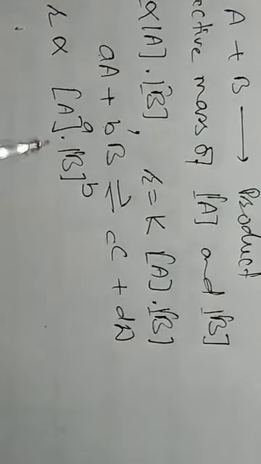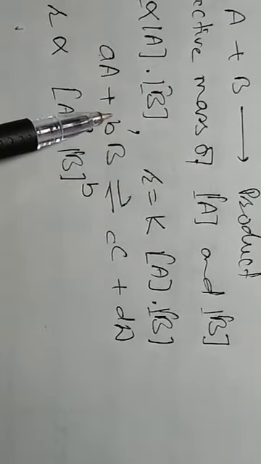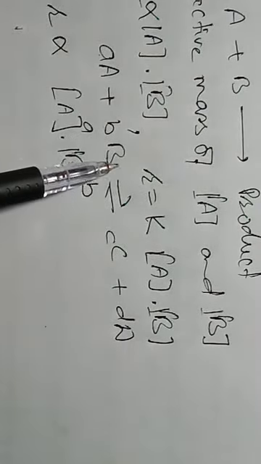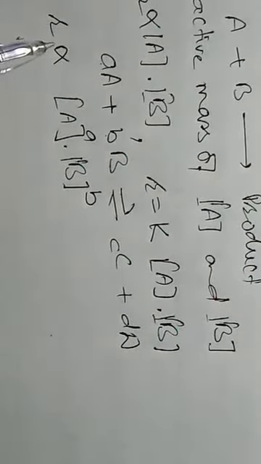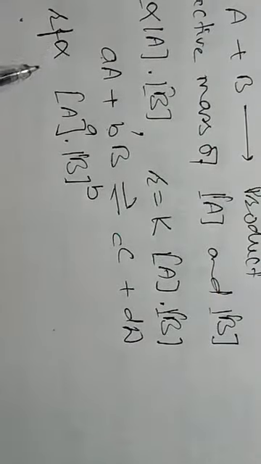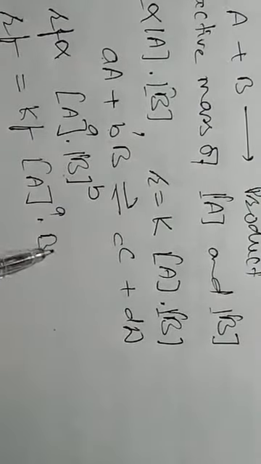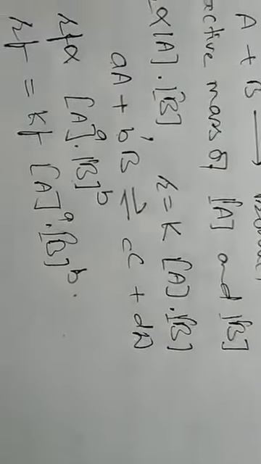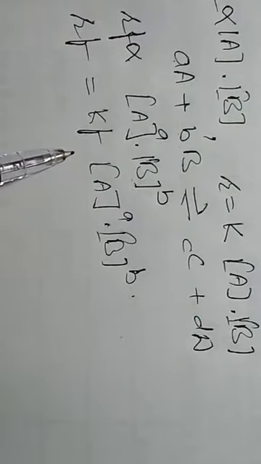But here this reaction is in the form of a reversible reaction. So two reactions will be continuing here, forward and backward. So we can break this relation into two terms. The rate of the forward reaction will be proportional to this value, or you can say the rate of the forward reaction will be equal to Kf[A][B], where Kf is the velocity constant for the forward reaction.